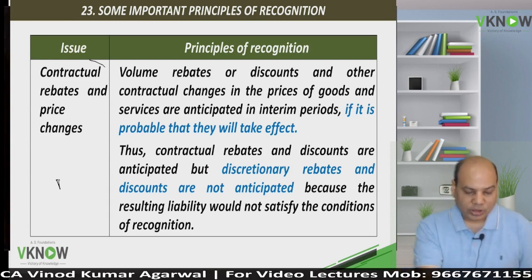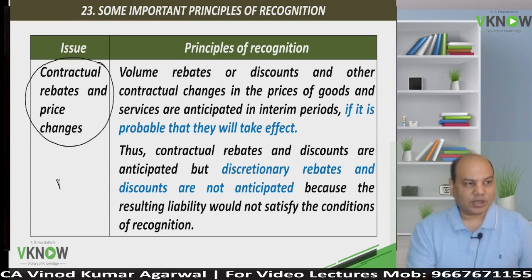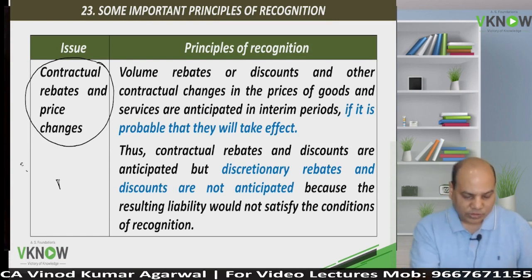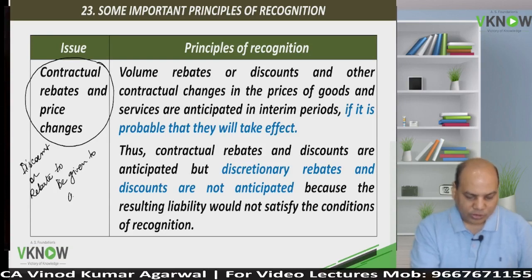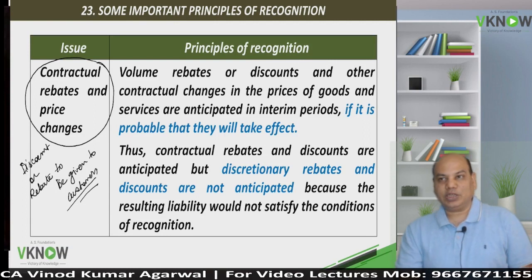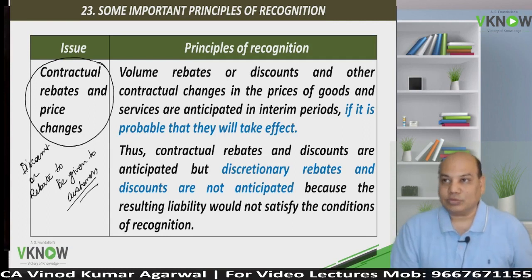Now comes to contractual rebates and price changes. Contractual rebate means discount or rebate to be given to customer. You have promised to your customer, if you buy more than 1000 quantity, we will give you discount, but not now.